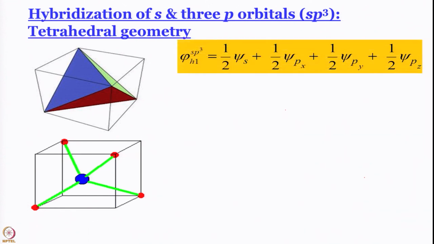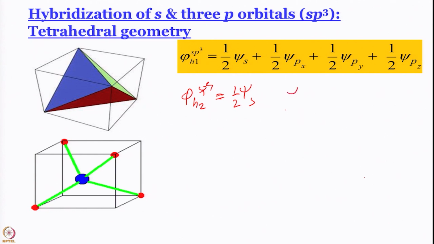This is the first one that we have already got. What will the second one be? See, your hybrid orbitals have to be orthogonal to each other, right. And again I will start writing, of course I will erase also later on. Suppose I write something like this, phi H2 sp3 equal to, this will be half, not much doubt about that, psi s.